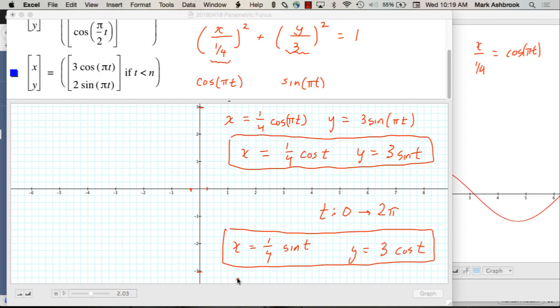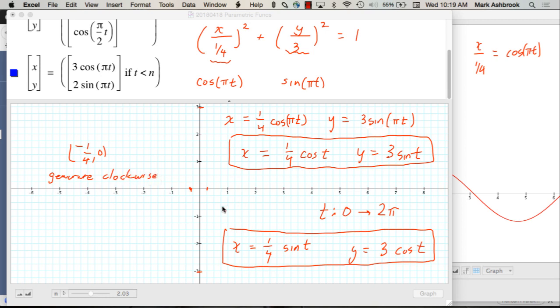All right? So, what if I want to start at this point, what point is that? Negative 1/4, 0. And I want it to be generated, say, clockwise. Could we come up with a way to do that?